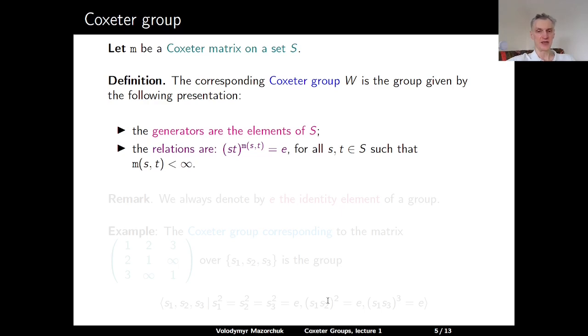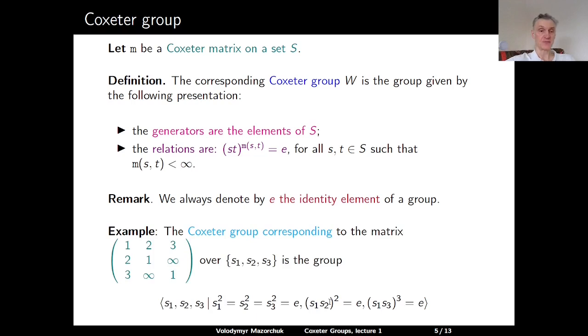For any pair of elements s, t in S, they can coincide, we have the relation (st) to the power m(s,t) is equal to the identity whenever the value m at s, t is strictly less than infinity. And we always denote the identity element of a group by e.